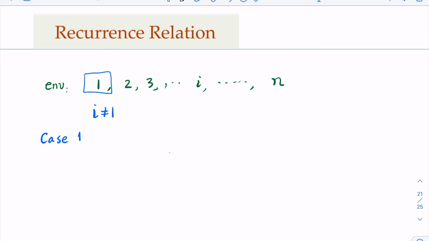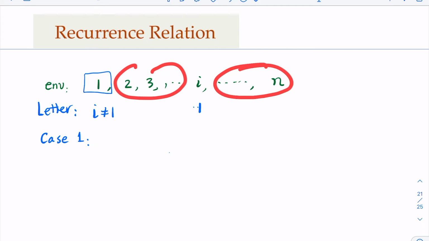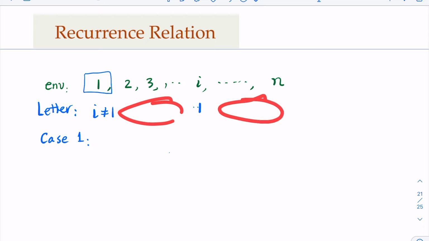There are two cases here. Case 1, let's look at letter i. Where does it go? Letter i goes to envelope 1, the first envelope. Now, if that happens, what we have is the remaining n-2 envelopes and the remaining n-2 letters.